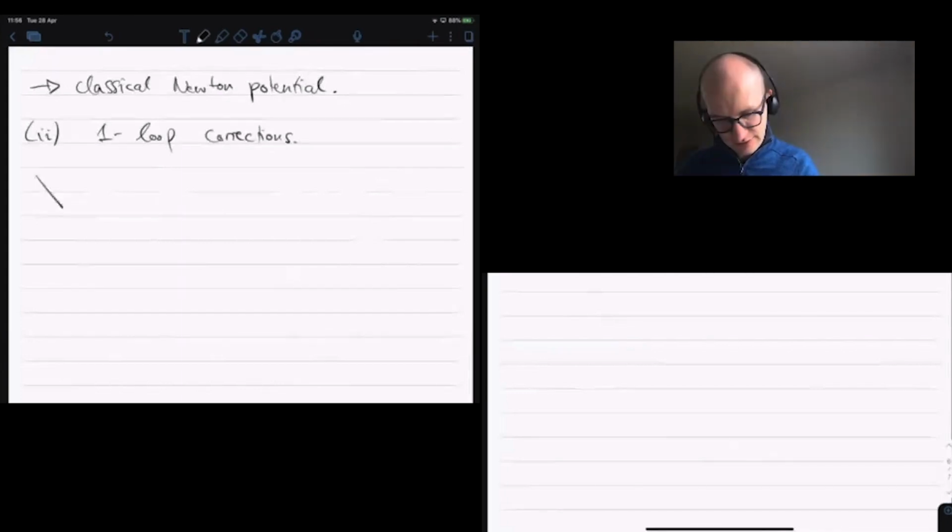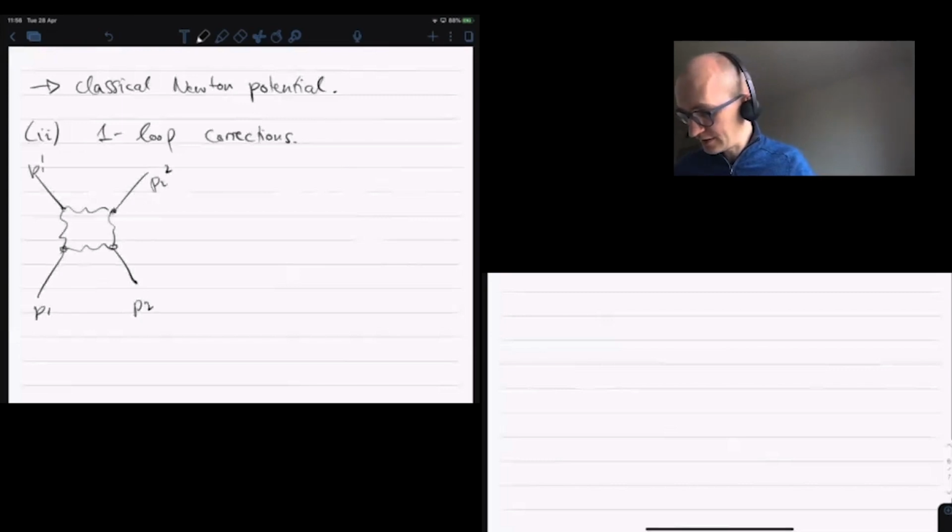So you have things like, for example, this kind of term where you have again P1, P2, P1 prime, P2 prime, and you propagate the graviton in a loop using this kind of vertex. It turns out that this diagram gives you some number times G Newton squared, because you have four vertices, times m1 m2 times log of q squared.